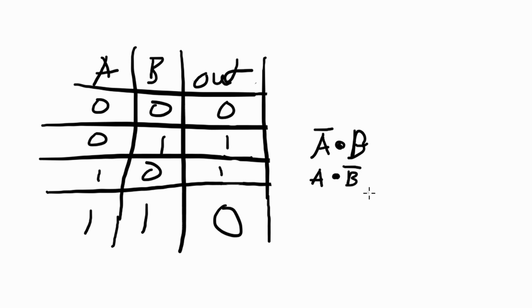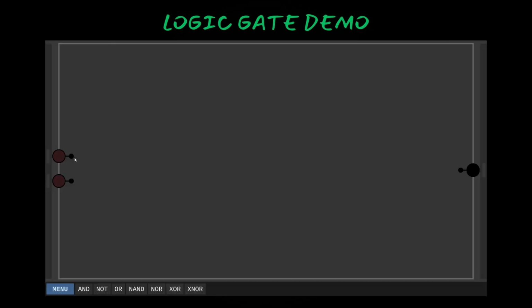Here we go. Now all you do is put these two in an OR gate, and voila, you've got an exclusive OR gate. Let me show this to you. You have two NOTs and an AND gate for both of them, and then an OR gate at the end.